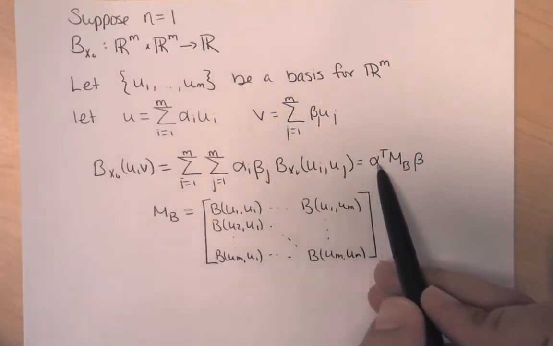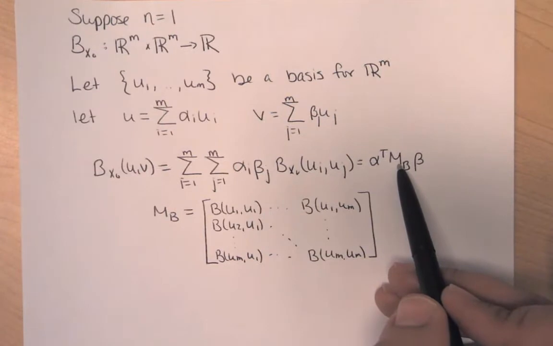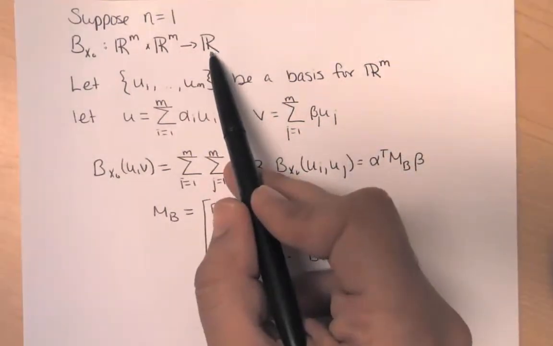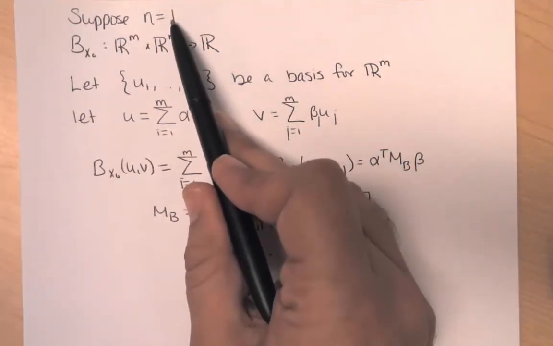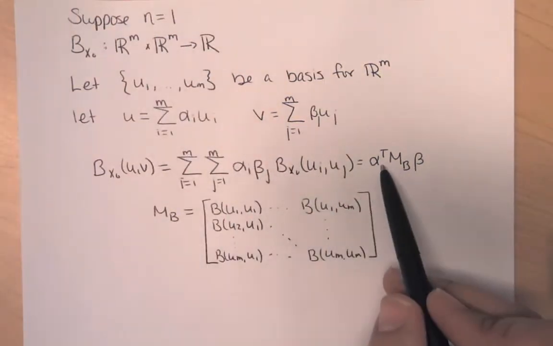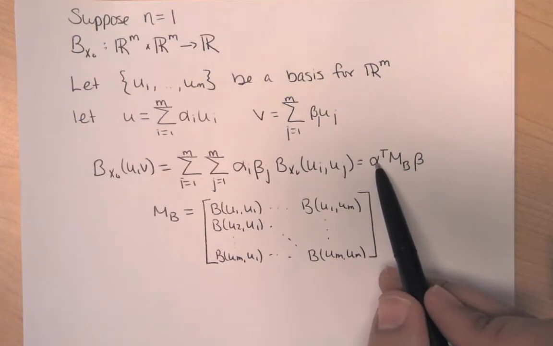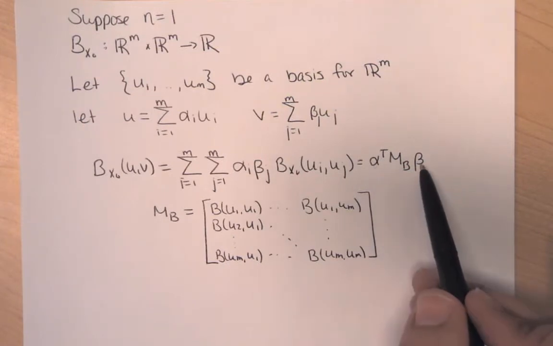So if I take a vector transpose times a square matrix times the vector beta, I get a number, which makes sense because this is a bilinear map to R since n is equal to 1. And if I isolate beta, it's linear with respect to this argument, and if I isolate alpha, it's linear with respect to this vector argument.